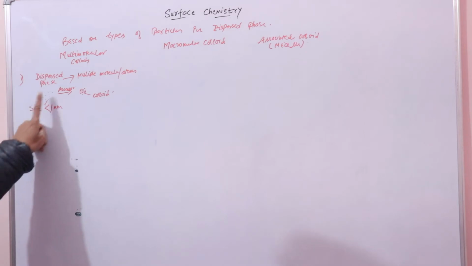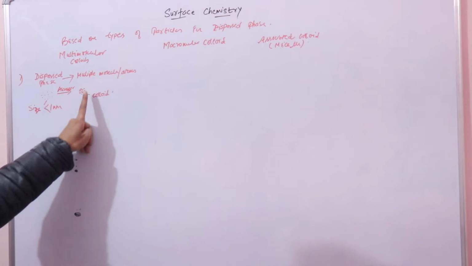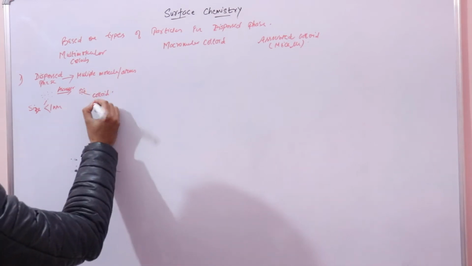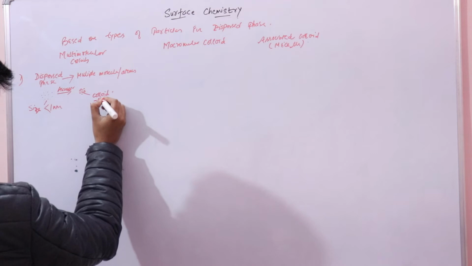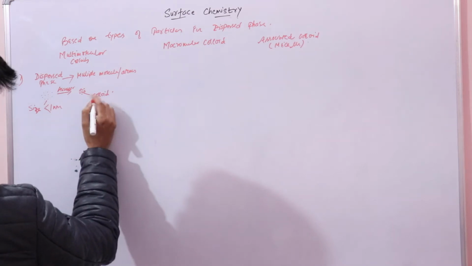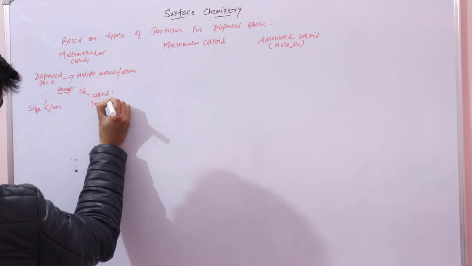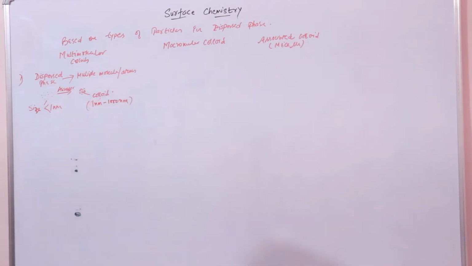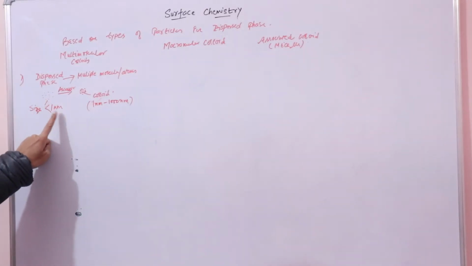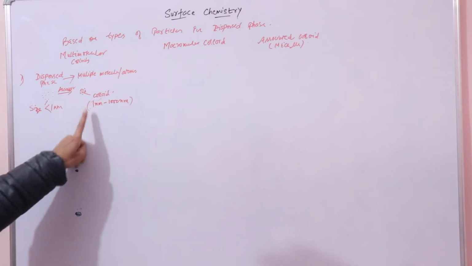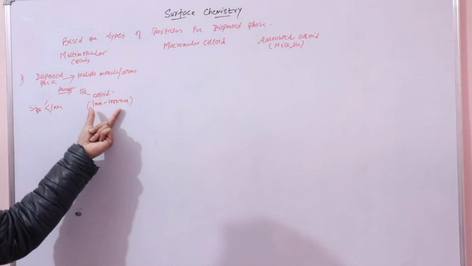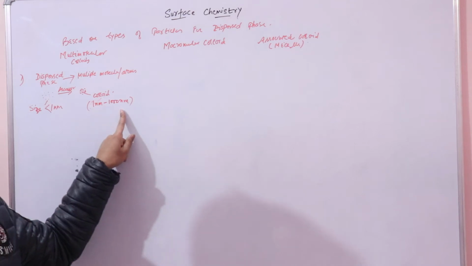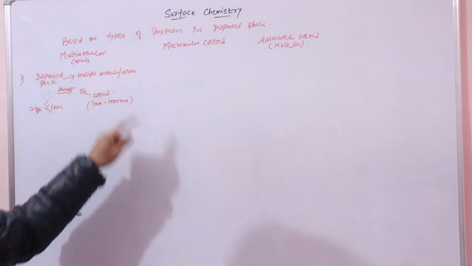So particles whose size or diameter is less than 1 nanometer will associate to form colloids whose size would be between 1 nanometer to 1000 nanometer. So when a number of particles having size less than 1 nanometer associate to form a bigger particle in this range, we get multimolecular colloids.